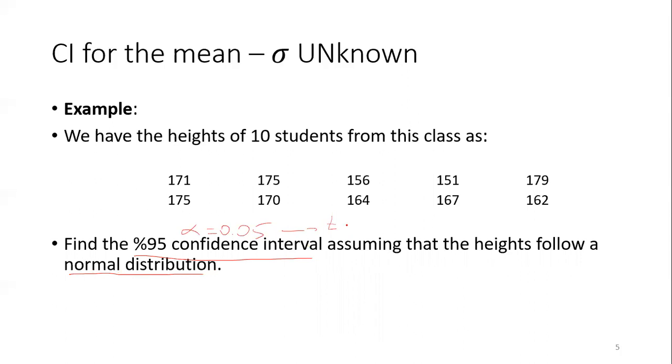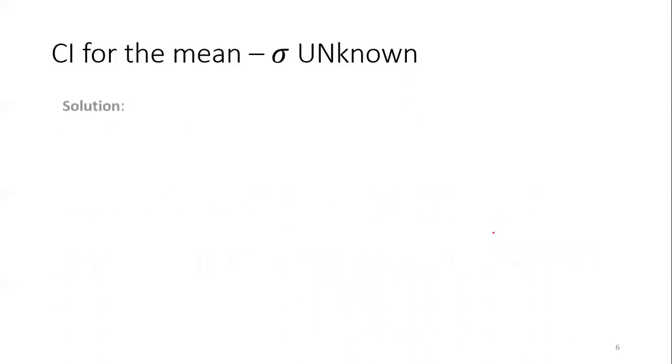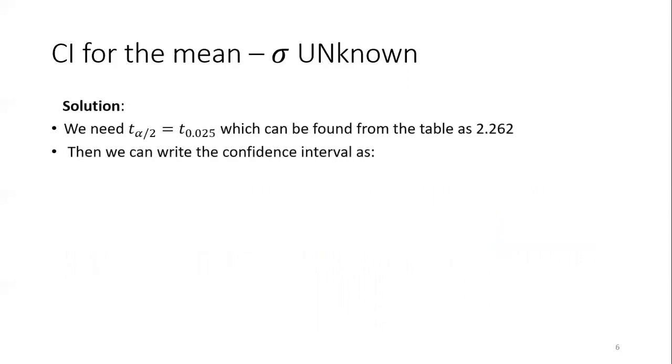So we will need t alpha over 2, which is t sub 0.025 at how many degrees of freedom? v is equal to 10 minus 1, 9 degrees of freedom. Right? So remember, it was from the table, it was 2.262, okay?